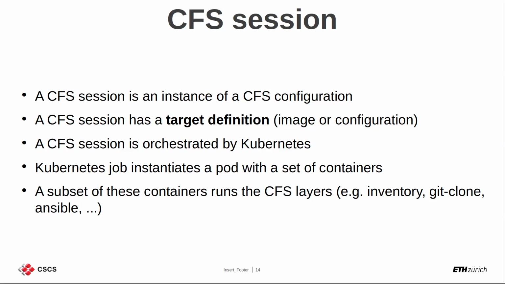So the target definition is how you define this. There are two different types. One is the target definition image, and the other one is the target definition configuration. The CFS sessions, as I mentioned before, run on pods or in containers. They are orchestrated by the Kubernetes living in the management plane of Alps.